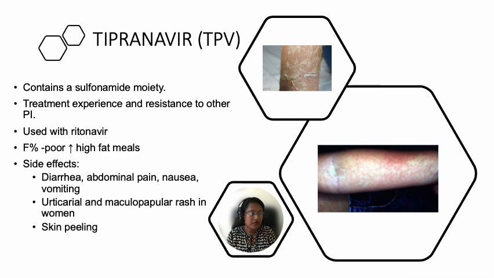It's used together with ritonavir, and one of the striking side effects that is different from the others in the class is that skin peeling or desquamation is observed, as well as urticarial and maculopapular rashes in women, as you see in the diagram here.